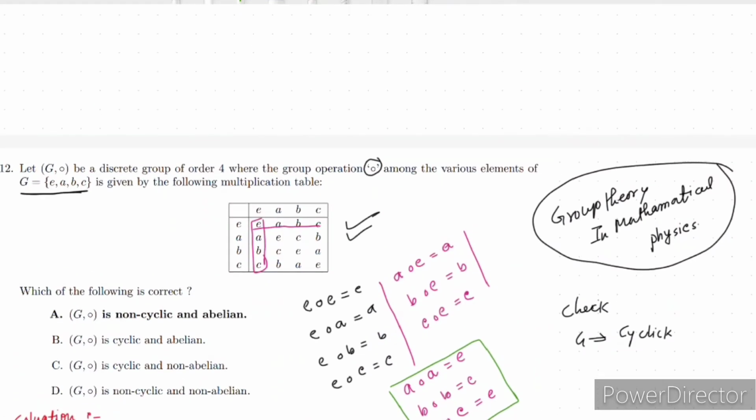A के साथ A मल्टीप्लाई कीजिए, क्या मिलने वाला है? यहाँ पे A के साथ A मल्टीप्लाई करने से क्या मिल रहा है आपको?